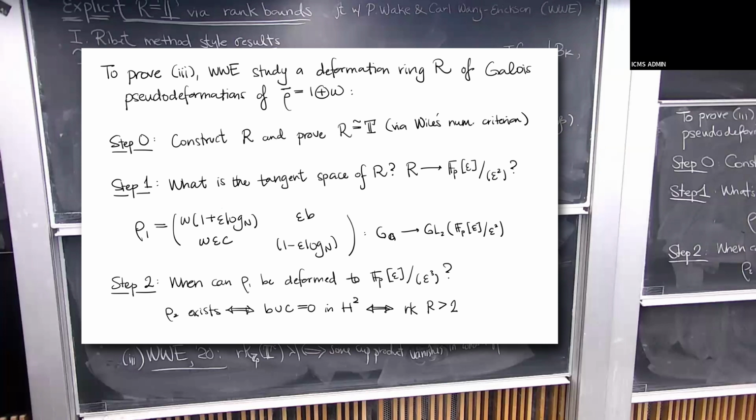And so that direction comes from this machinery that we're talking about with Ribet's method. The other direction, where if you have a Galois extension with specified local conditions, that it really is coming from a modular form, you do not get from this, and you really need some sort of R equal T argument to go in that direction.